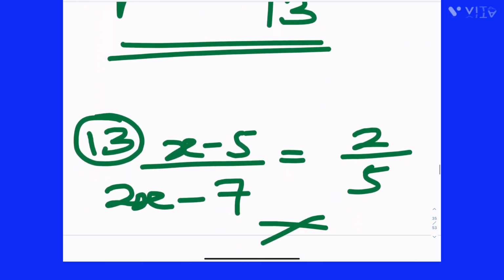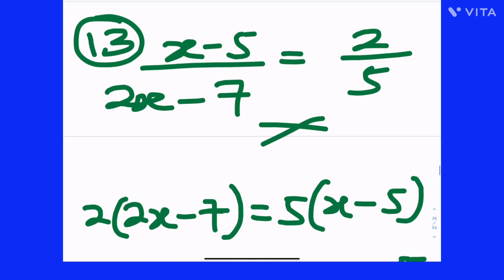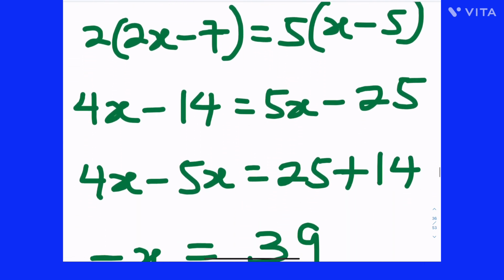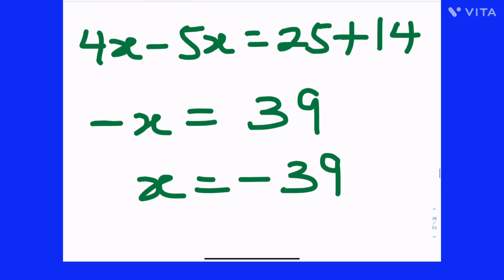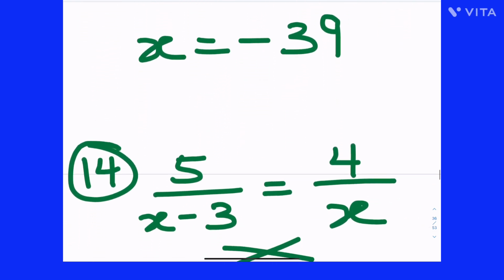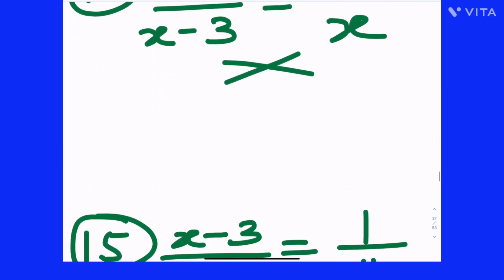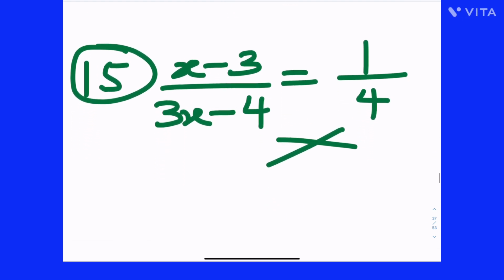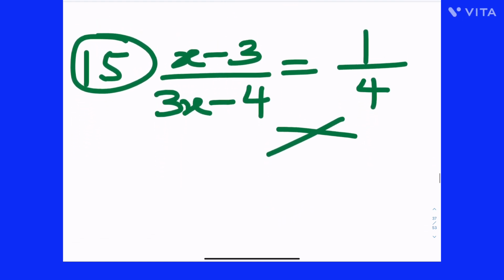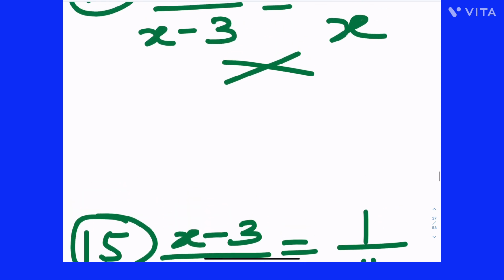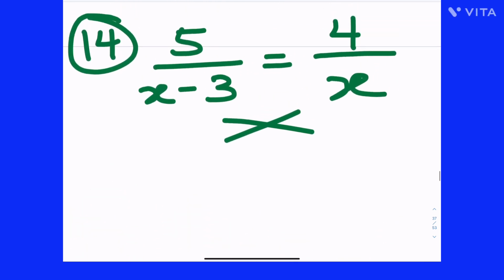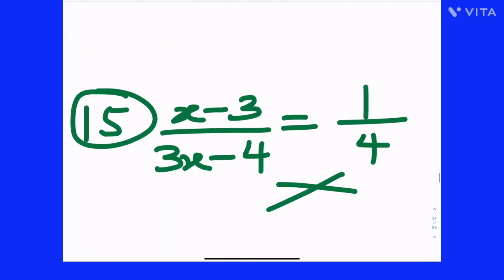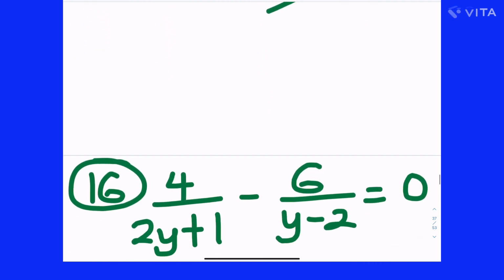The rest is easy. Number 13 is the same thing. Expand, collect like terms, simplify. Number 14, same thing. You do it yourself. Number 15 also, you do it yourself. You have to do numbers 14 and 15 as part of your classwork for this exercise.